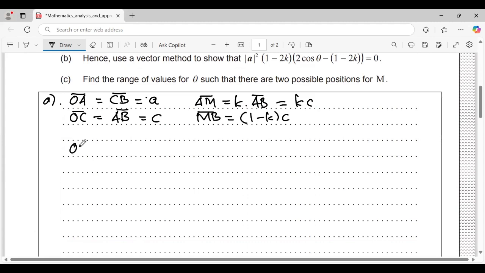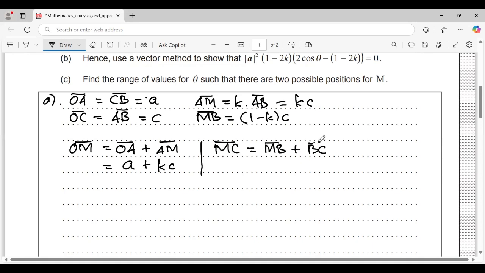And OM is OA plus AM. You can evaluate the parallelogram. OA is A, AM is KC. Vector MC is MB plus BC.